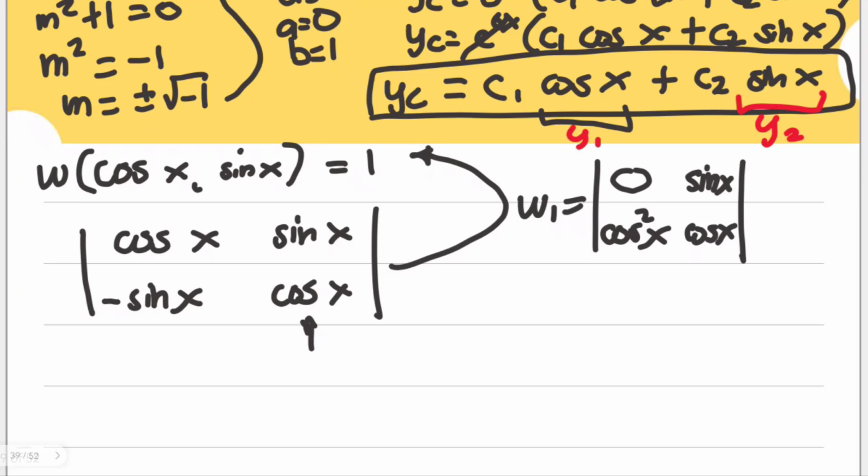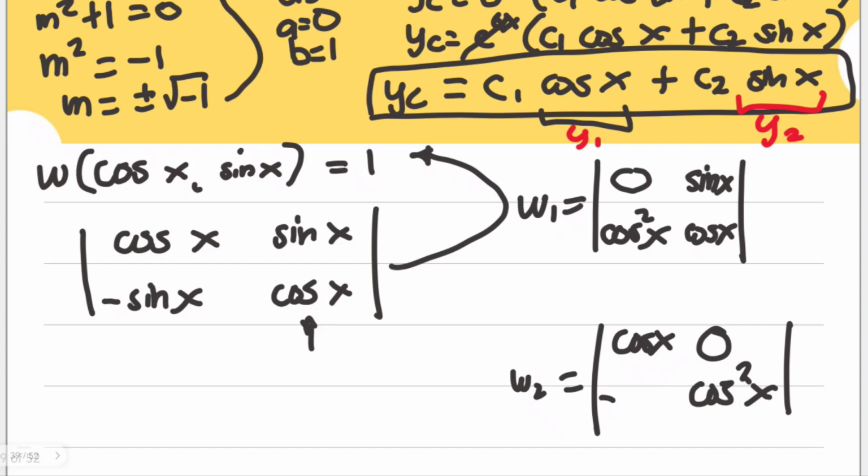For our W sub 2, same process, but it will be the second column which will be substituted by this same expression, and the first column would be the same column here.